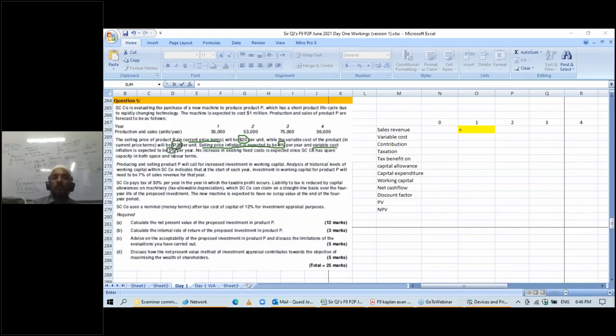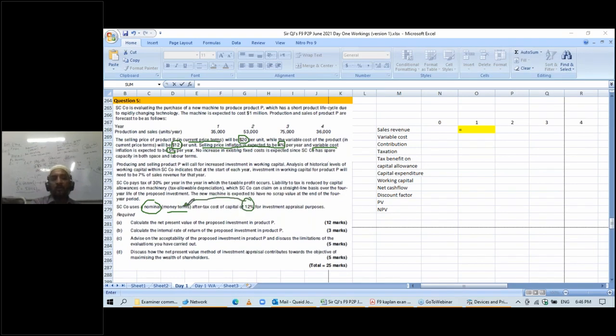you have to use money cash flows, that is, you have to inflate the cash flows, and the discount rate shall also be a money rate. In the question they have given the rate; the nominal rate and the money rate are the same thing. Real rate is different; it does not include the effect of inflation. So this 12% is basically the money rate.